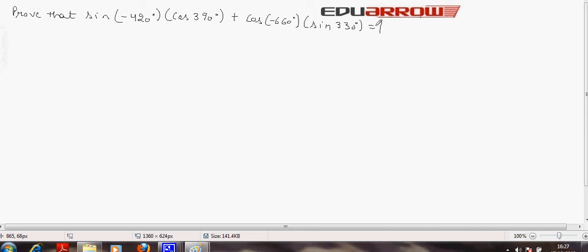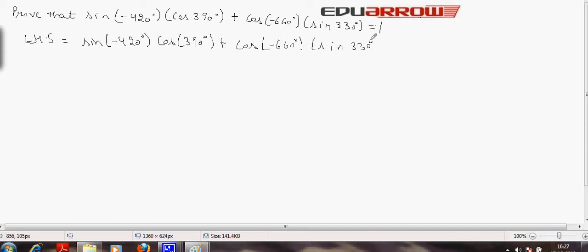In this example, it is given that there is an equation. We have to prove this equation equivalent to one trigonometric ratio. Firstly, we will convert negative function into positive, considering the left hand side, which will be sine of minus 420 degree cos 390 degree plus cos of minus 660 degree sine 330 degree.